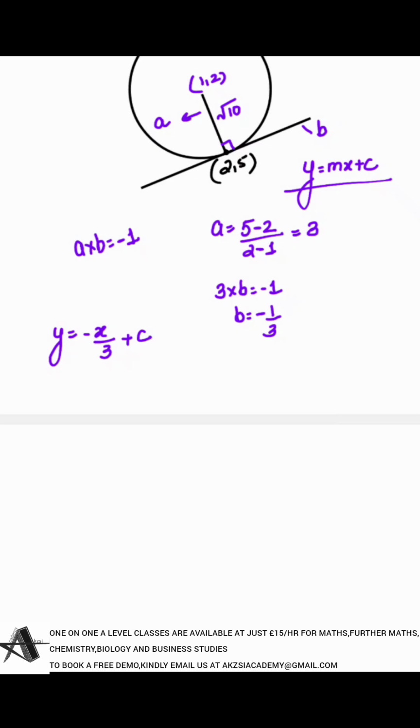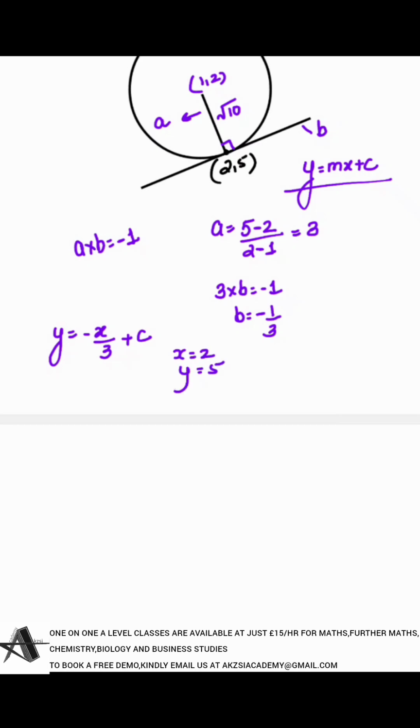Now only one parameter remains, that is c, to calculate. I can easily calculate it because I have the point 2, 5 lying on this straight line. If this point is lying on the straight line, that means I can substitute the value of x as 2 and the value of y as 5.